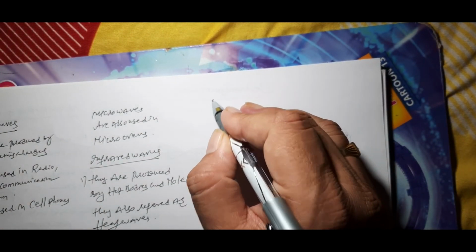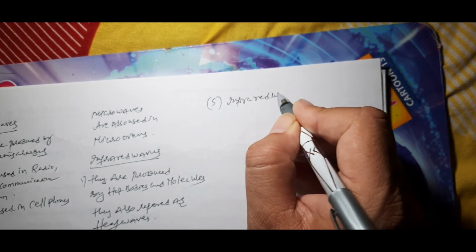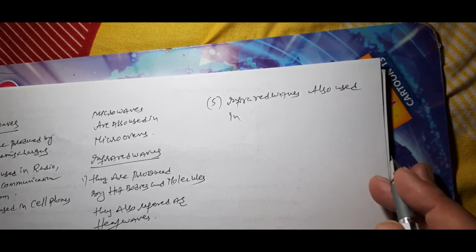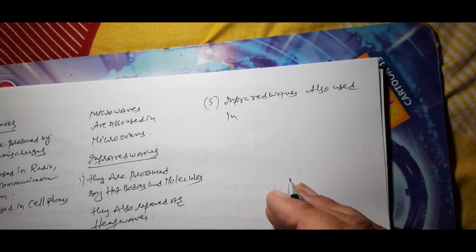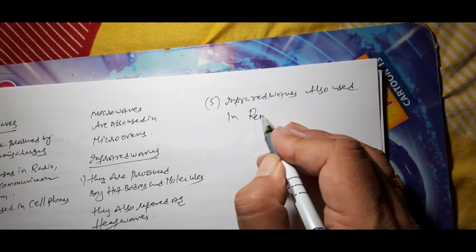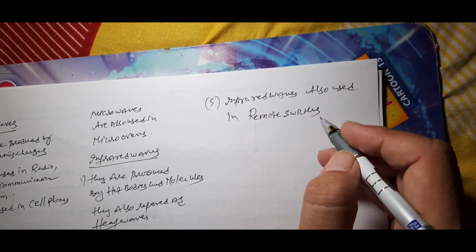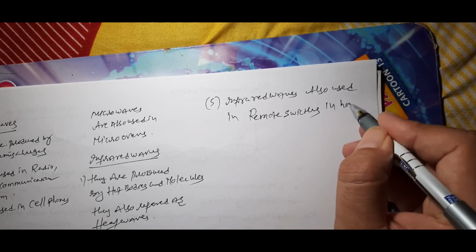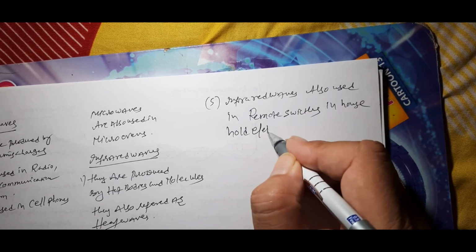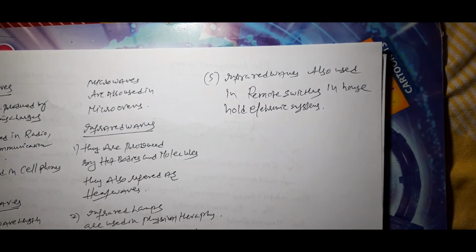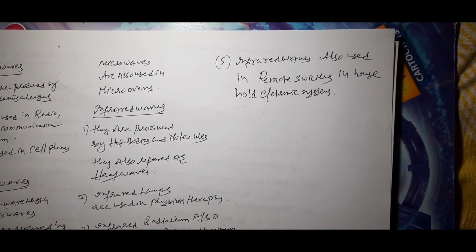Infrared waves are also used in remote switches in household electronic systems, that means in TV remotes and video recorder remotes.